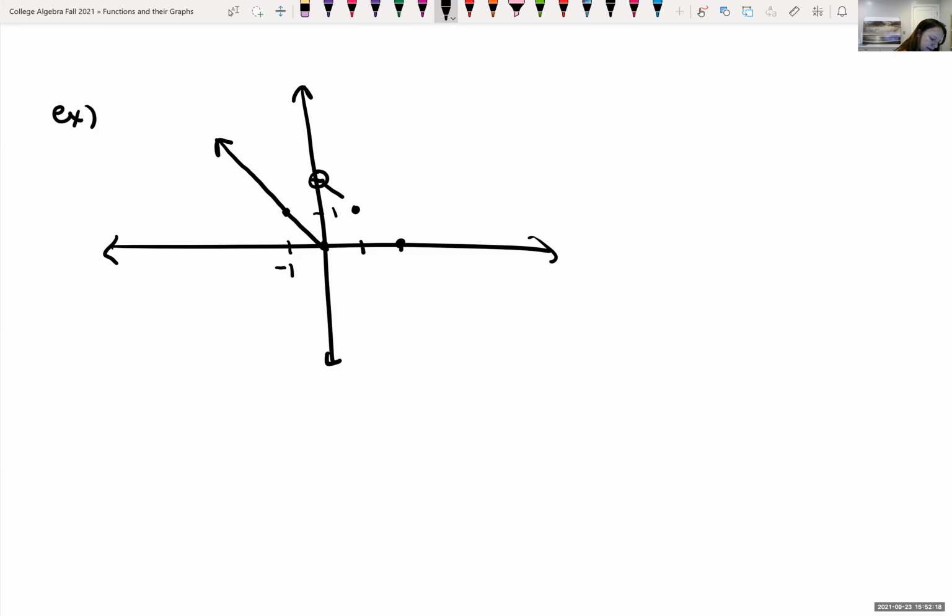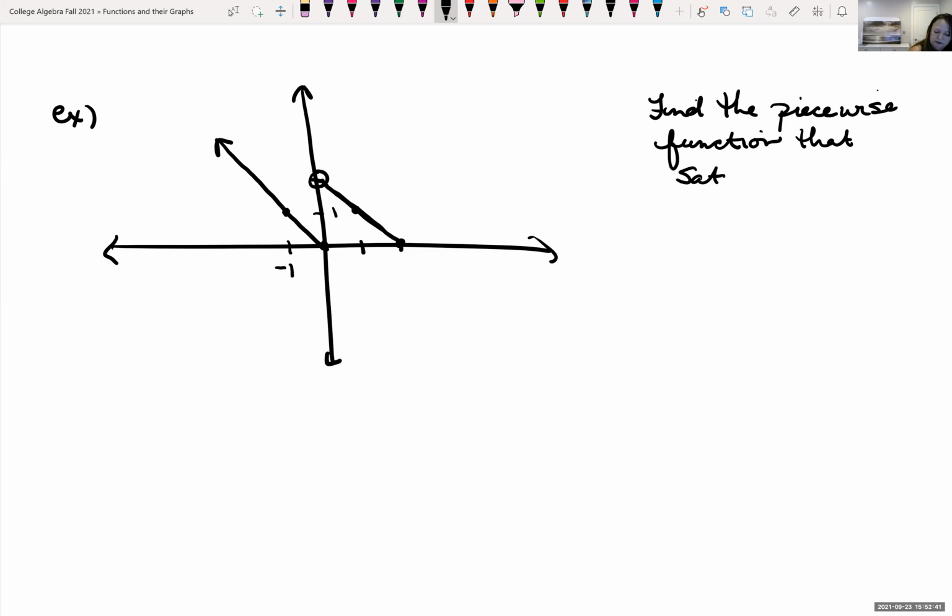So it looks like this. So find the piecewise function that satisfies this graph.